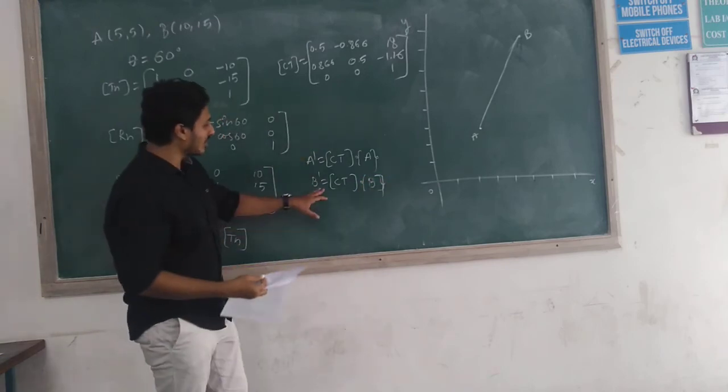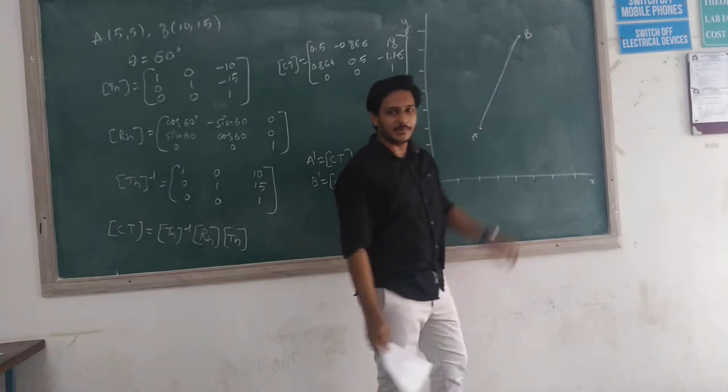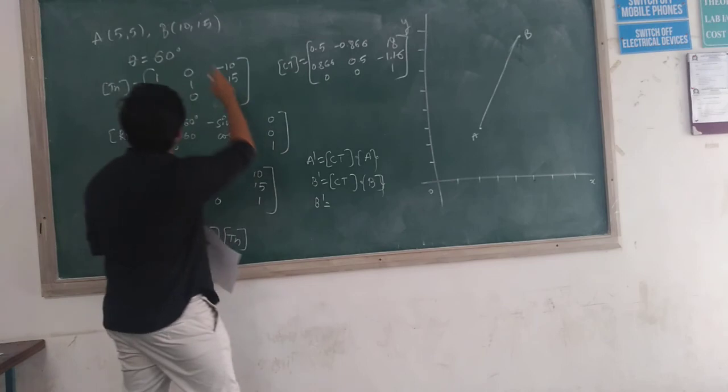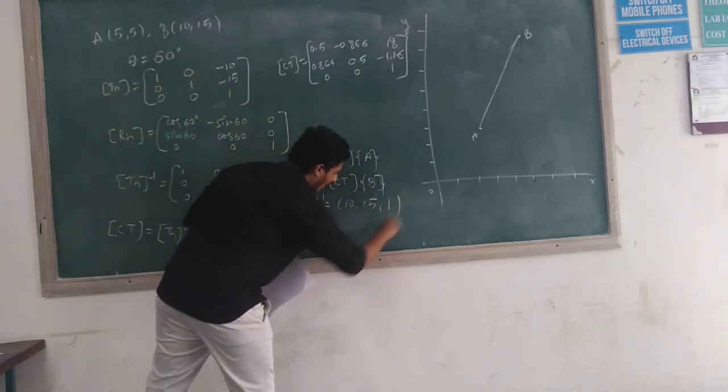B will not change because we are rotating the body about point B. So B remains the same. So B dash has the values 10, 15, 1.